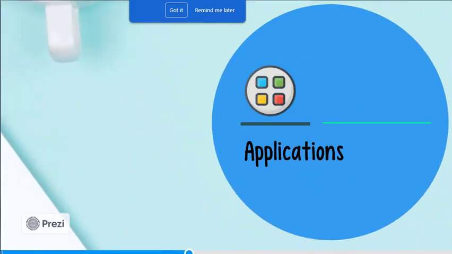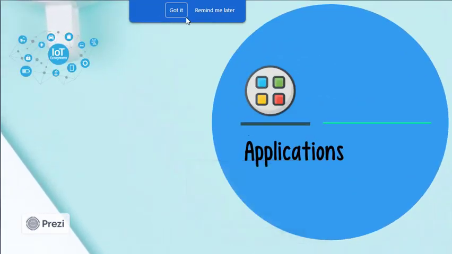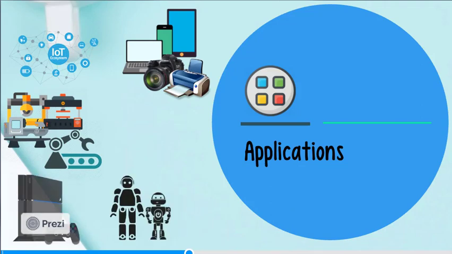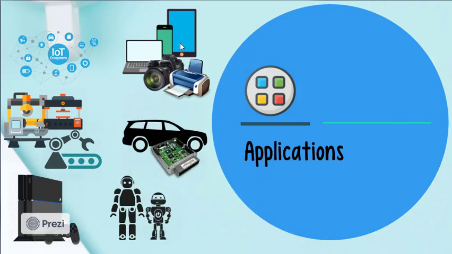Now next, let me show you the applications. One of the popular applications is the IoT ecosystem, the Internet of Things ecosystem, and to show you a graphic representation of that are these. Here you have personal computers, cell phones, printers, cameras.